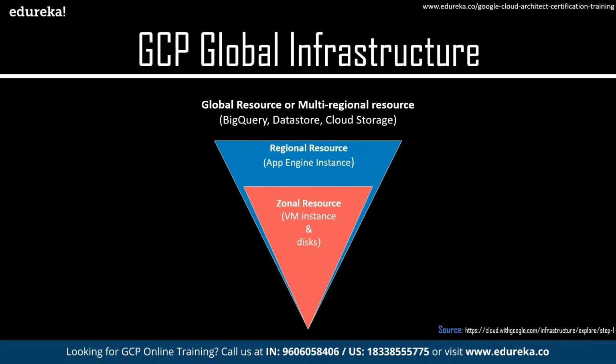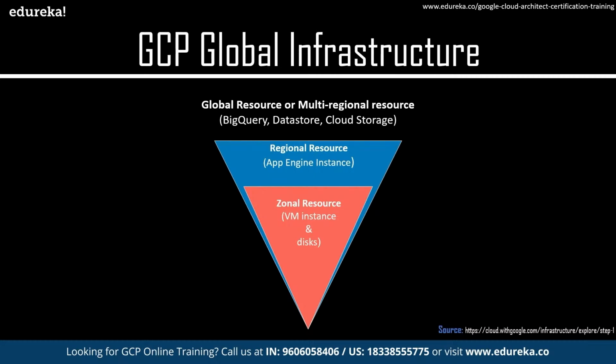So if Mumbai is a region, they'll have a zonal resource there, or an availability zone. This is how the infrastructure of Google Cloud Platform works, where you have your zonal resources or availability zones put forth in a region, and all these are connected by a low latency network for fast data transfer and communication. So this is what the global infrastructure is.